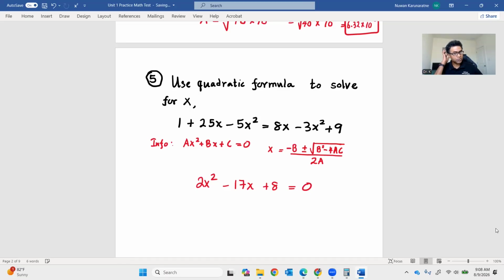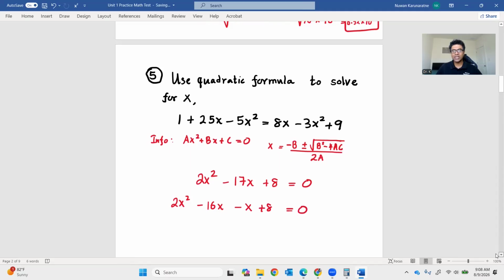Now at this point, you can use the quadratic formula, or I think it's much easier to use factorization. So in terms of factorization, 2x squared, look at that minus 17x. I can break it down like this: minus 16x, and then minus x plus 8 equals 0.